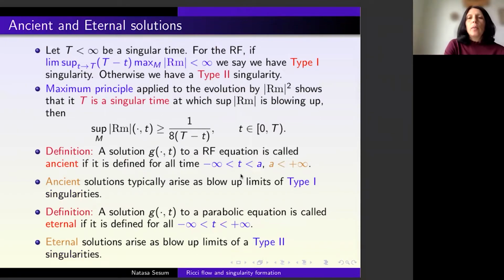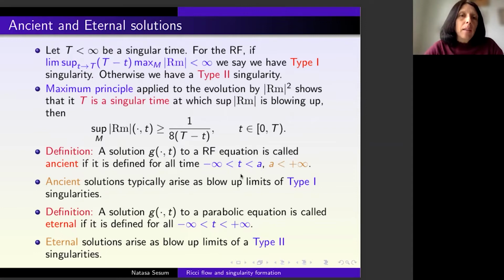Then you say that the Ricci flow develops a type 1 singularity if you take the maximum of the Riemannian curvature, multiply it by the time to blow-up, T minus t, and look at the limsup as little t approaches capital T. If that quantity is bounded, then you have a type 1 singularity; these are usually better behaved and easier to control. If you don't have such a condition, then you have a type 2 singularity.